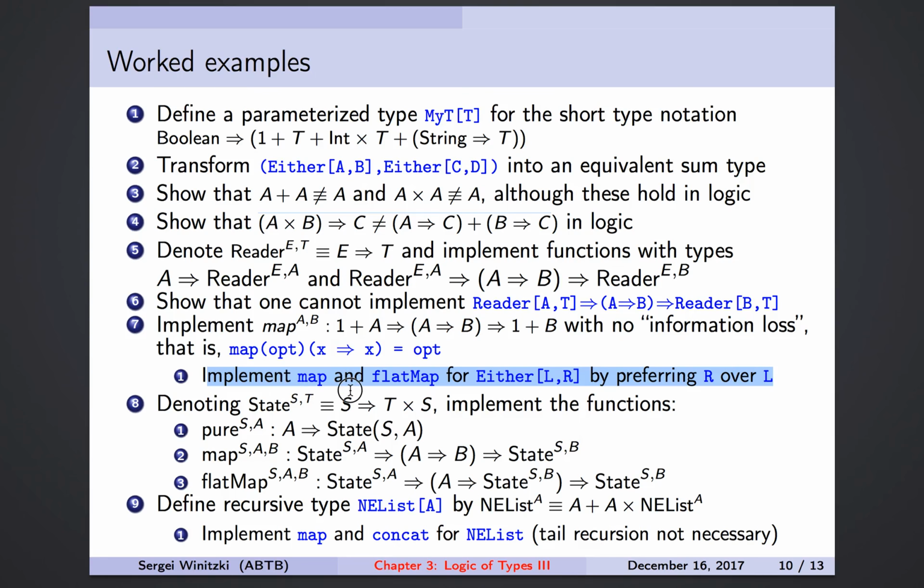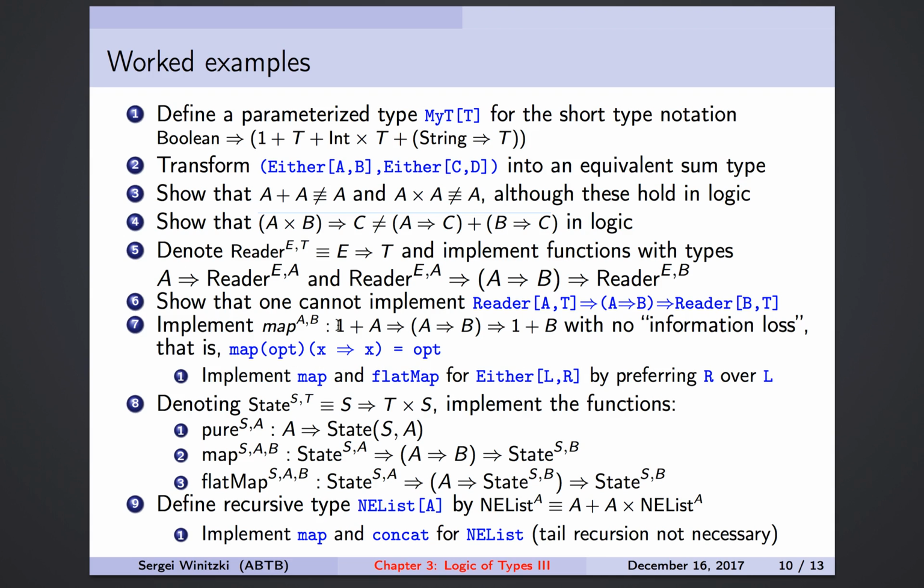And let's now implement map and flat map in the same way for the either type. Now, for the either type, usually one prefers R over L. I will show you what that means, one prefers, because there is a choice in implementing map and flat map for the either type.